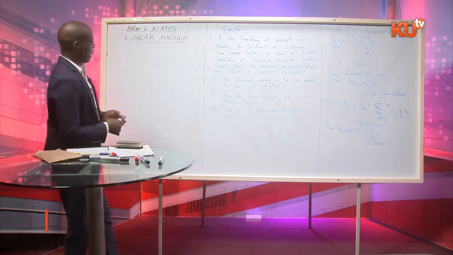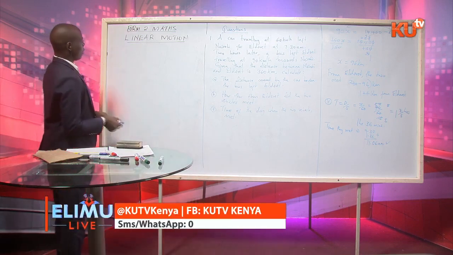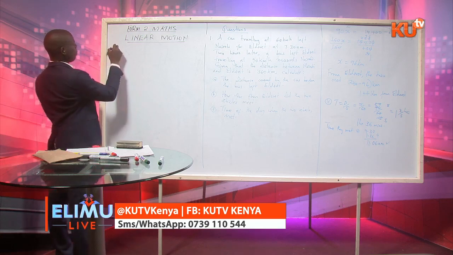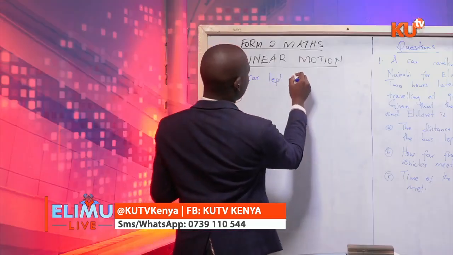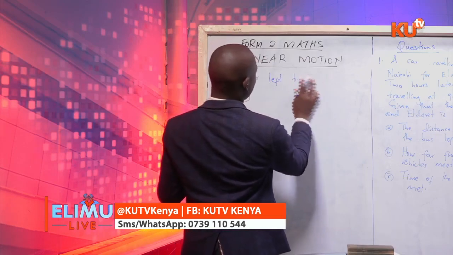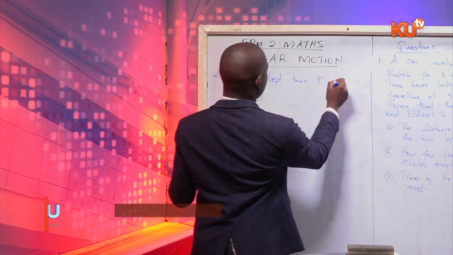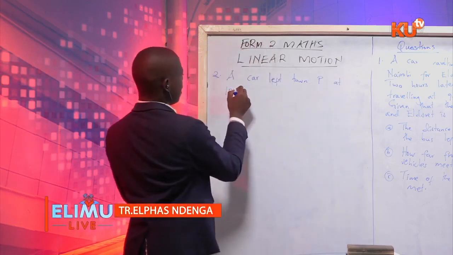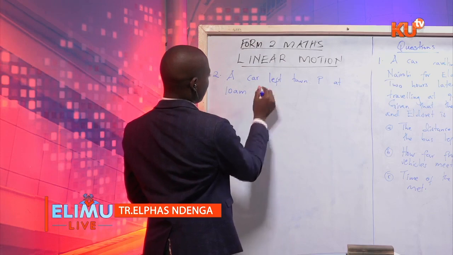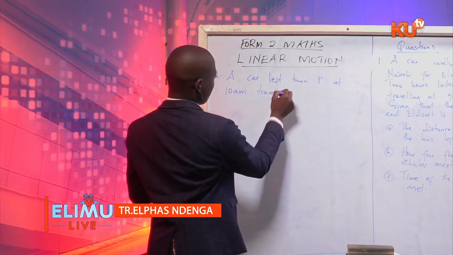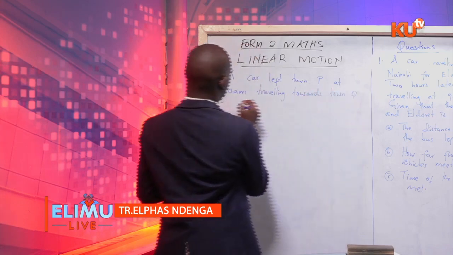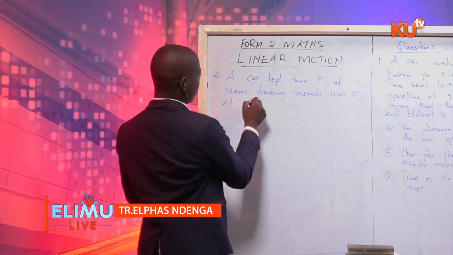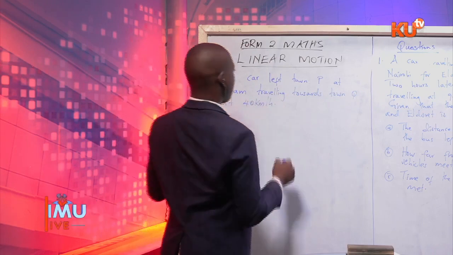We could have a case, let's say use this case as number 2, and say a car left town P at 10 a.m. traveling towards town Q at 40 kilometers per hour.